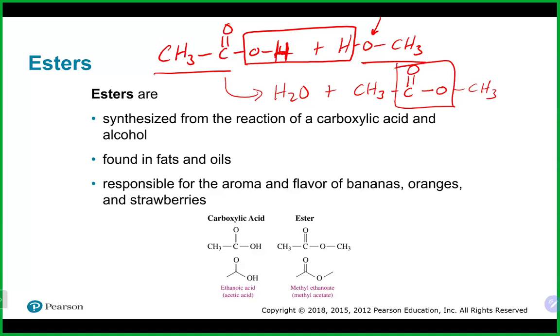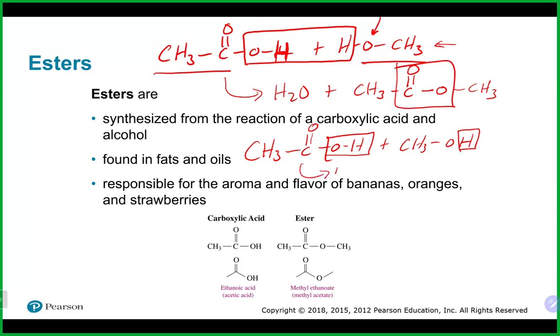So if your alcohol, for example, was turned around like we just did there, again, it's sometimes easier to turn the alcohol around so you can line it up. But in this case, we would take this off and this off, which would still give us our water.